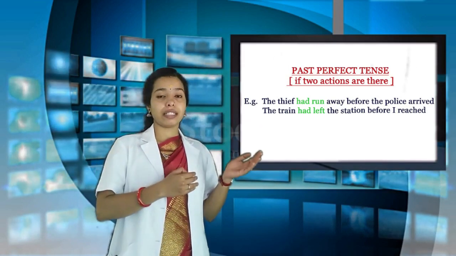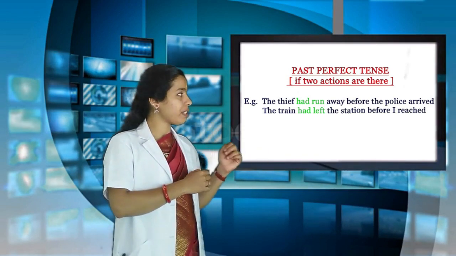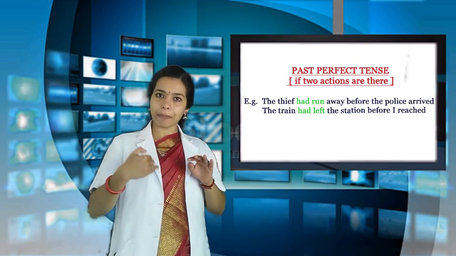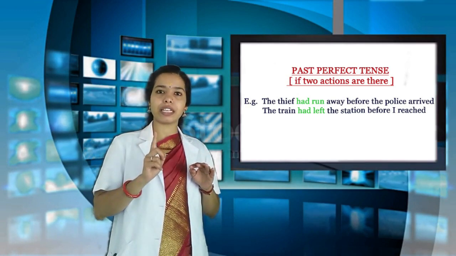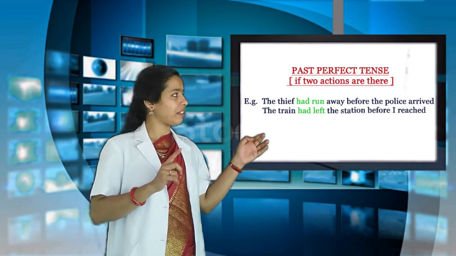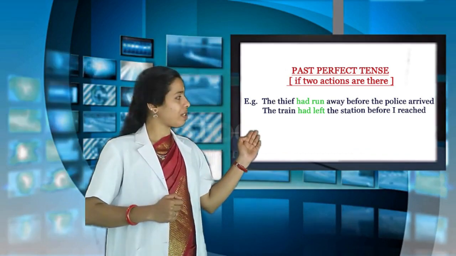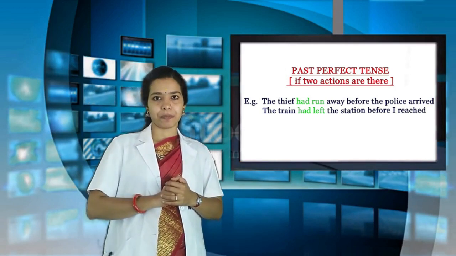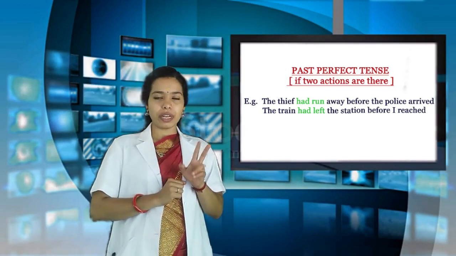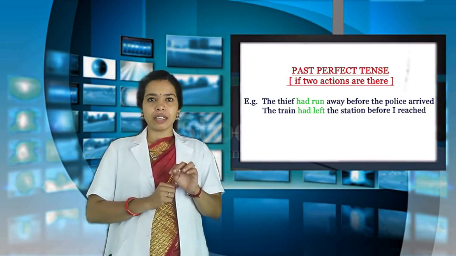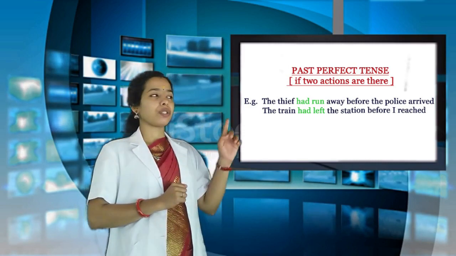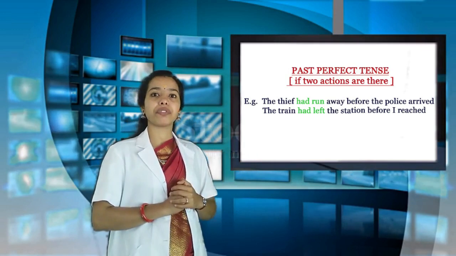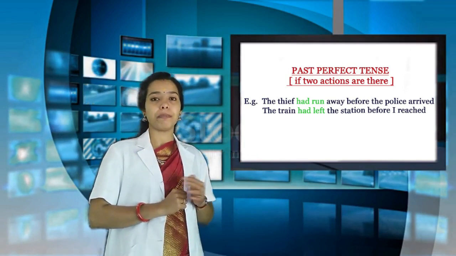And then another example, the train had left the station before I reached. So again, both these actions happened in the past, but the first action that happened is the train leaving the station. So the train had left the station before I reached there. So in case two actions are mentioned in a sentence, then the first completed action you have to denote using past perfect tense, and the other action you have to use simple past tense.